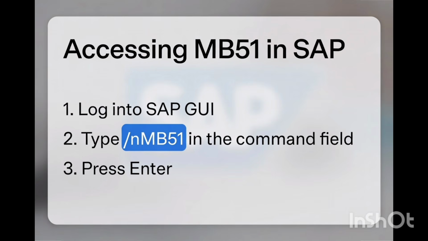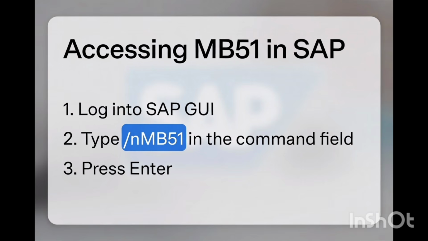So let's start with the very basics. How to access MB51. First of all, log into your SAP GUI system. You must have a login user ID and password for your SAP GUI system. Maybe it's SAP S4HANA or SAP ECC, etc. Once you are on the SAP Easy Access screen, simply type /n MB51 in the command field at the top and press enter.